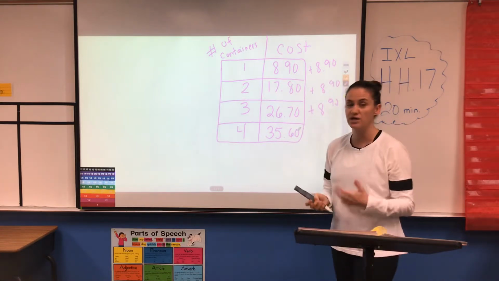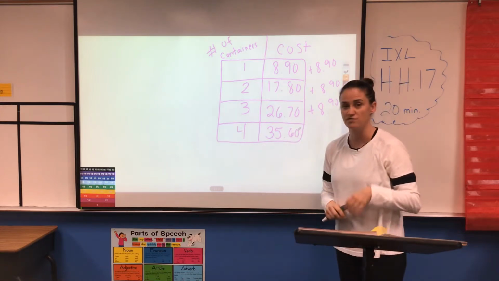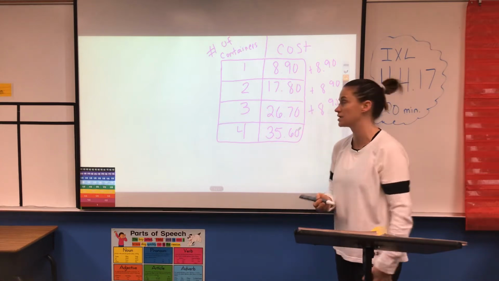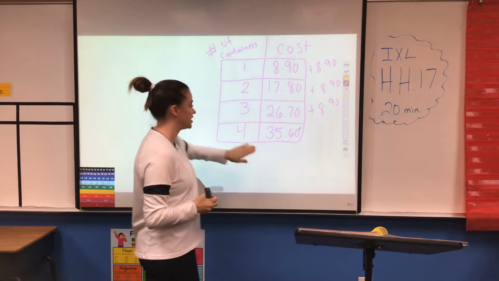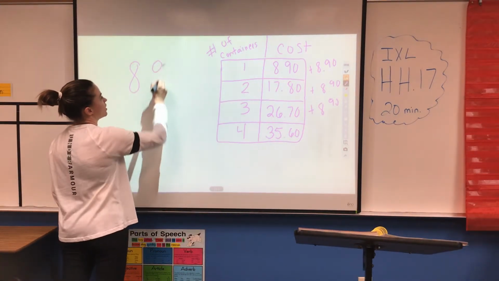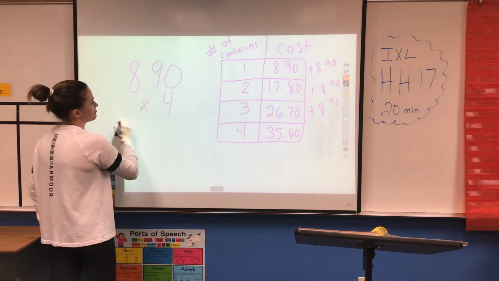So that's one way using an input-output table could help you solve these word problems. The other way you could do it is simply by multiplying. So you could take your $8.90, the cost per container, and multiply it times the 4 containers, which is what we worked on yesterday with multiplying with money.